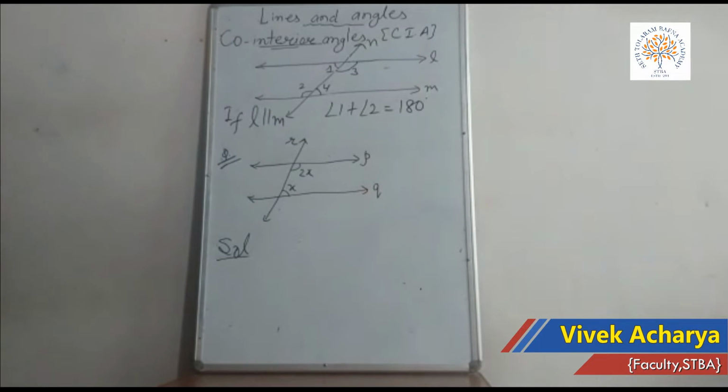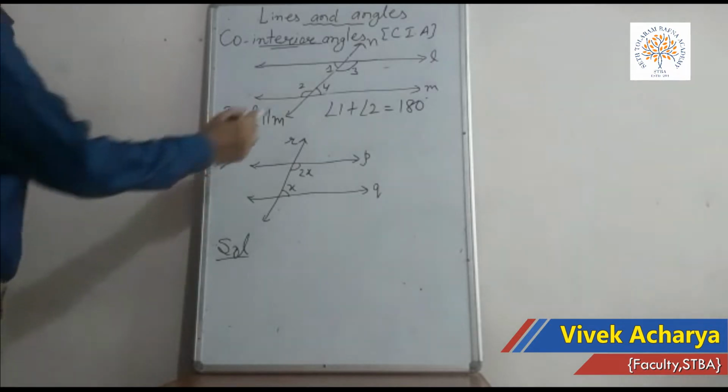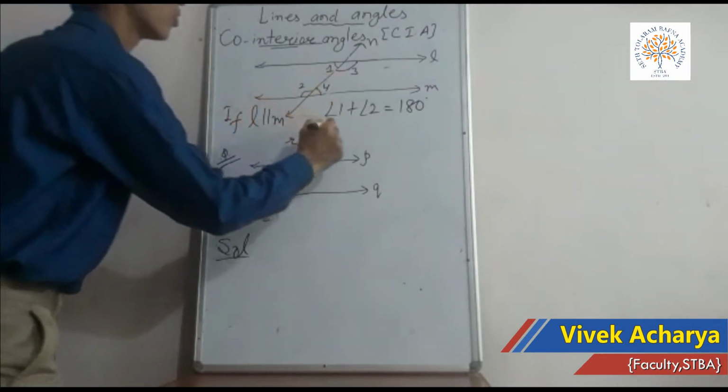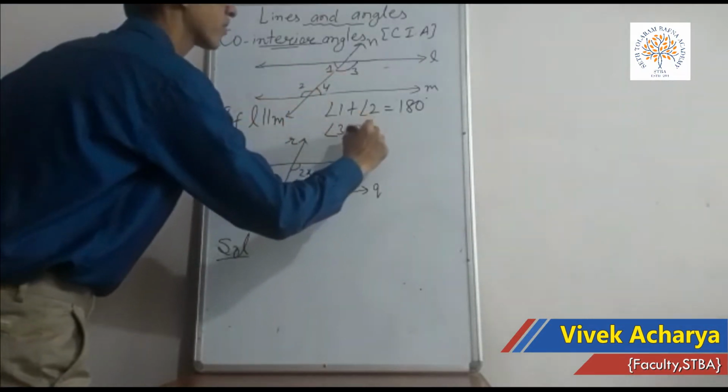In a similar way, angle 3 and angle 4 are also co-interior angles because they are on the right side of the transversal, and so their sum is also 180 degrees.